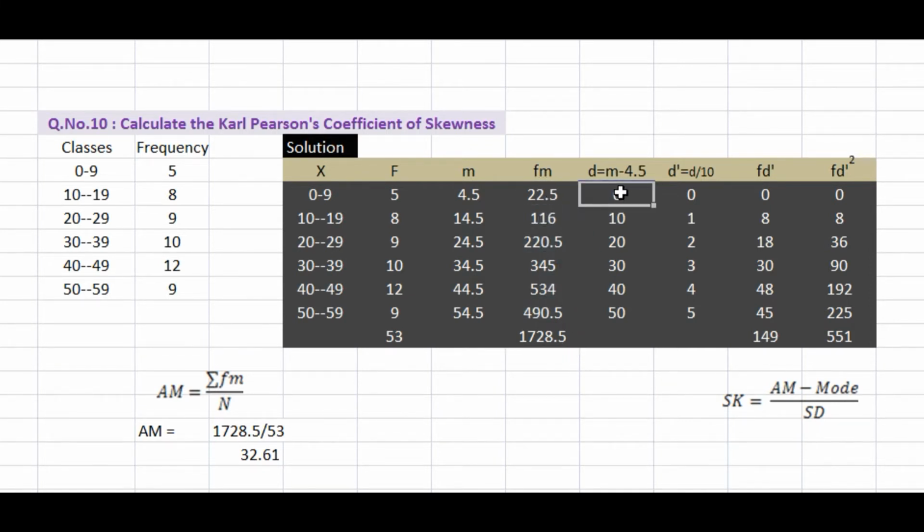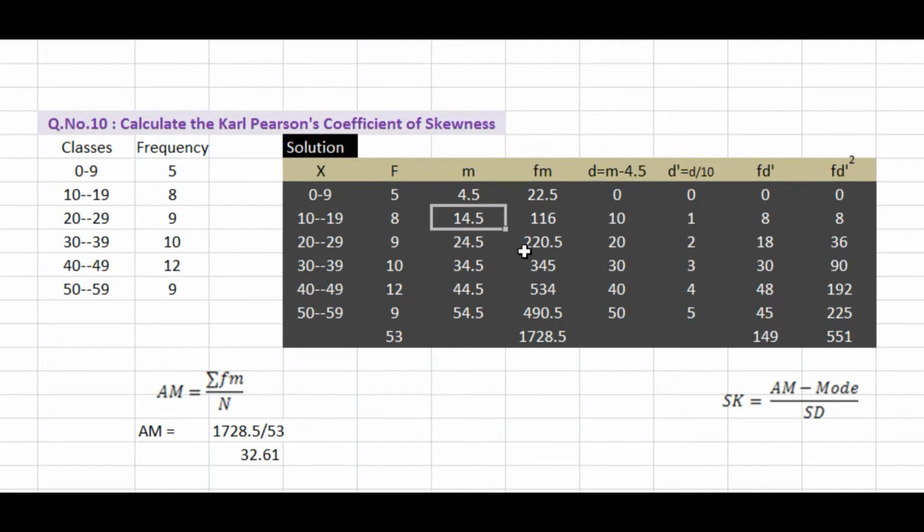So this was the fm value. Now what do you have to find? D. How to find D? D equals M minus the smallest M value. It is not a rule to always take the smallest number, but in order to avoid negative numbers, I suggest you take the smallest number.